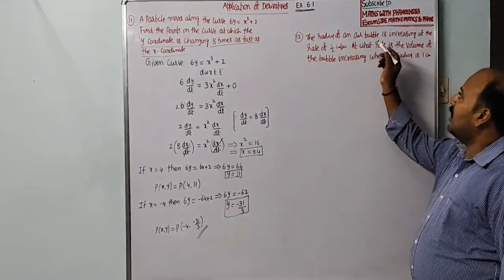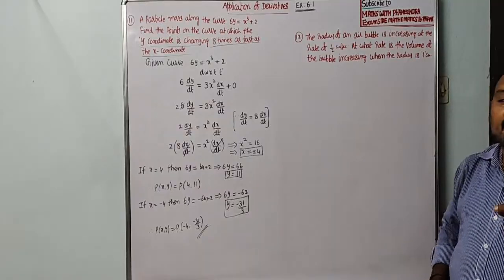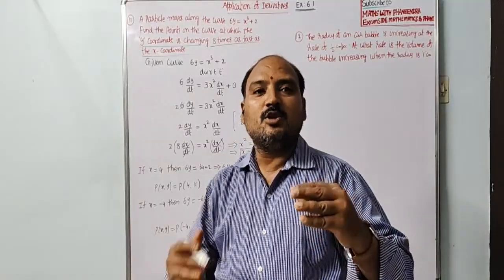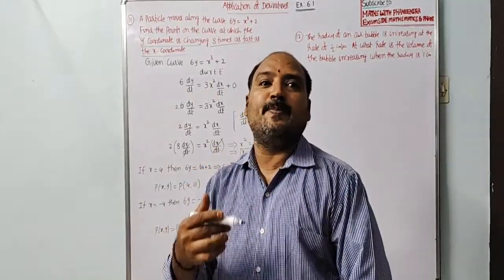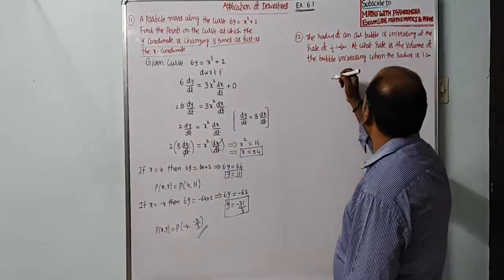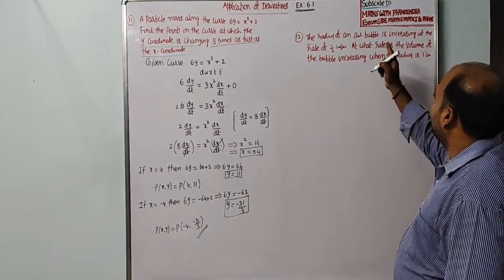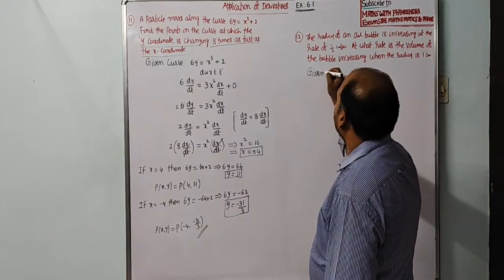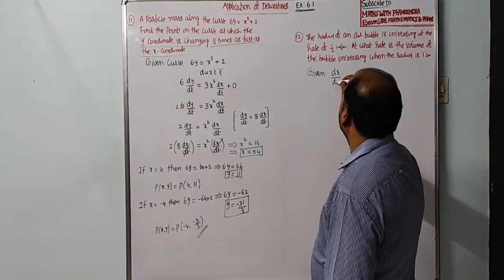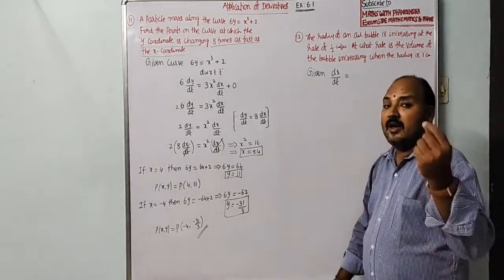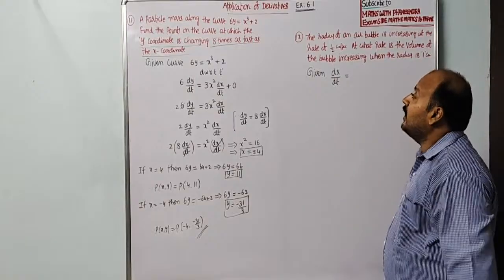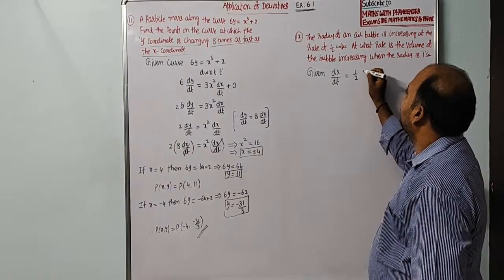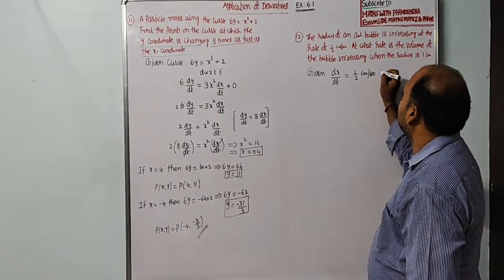The radius of an air bubble is increasing. Air bubble means you have to consider it is in the space, so you can consider as a spherical balloon like sphere. So the radius of an air bubble is increasing at the rate, given dr by dt, the rate of change of radius of air bubble dr by dt is half centimeter per second.